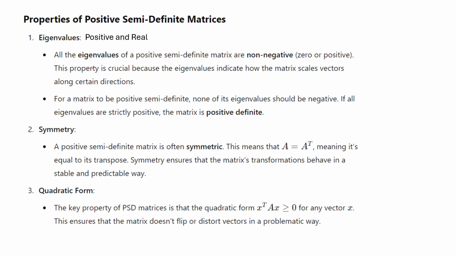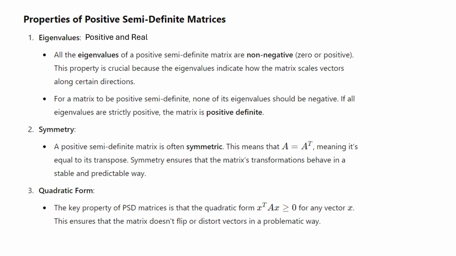If it is flipping the vector, it would not be a positive semi-definite matrix. If it is a positive semi-definite matrix, it should not flip the vector. So it should not flip means eigenvalues should always be positive and real. It cannot be negative.